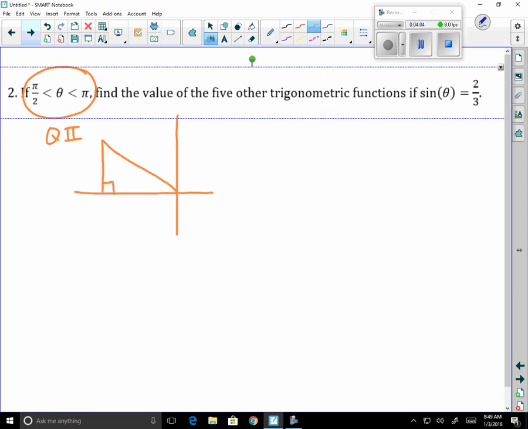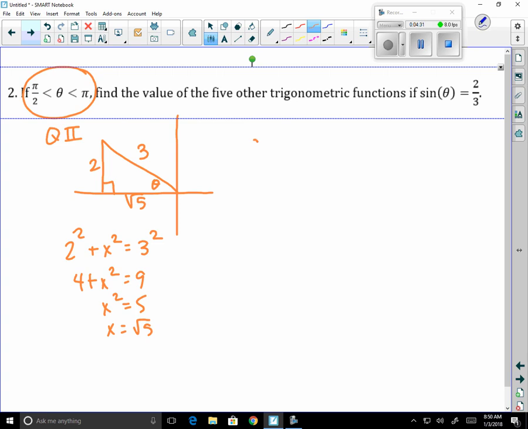The opposite side is 2, the hypotenuse is 3. I could do some quick Pythagorean theorem to find the missing side. And then if this is theta, because remember theta is always closest to the origin, we can find the other 5 functions.